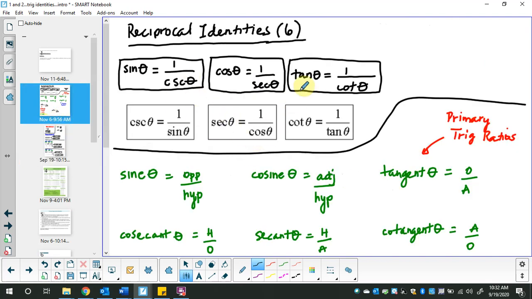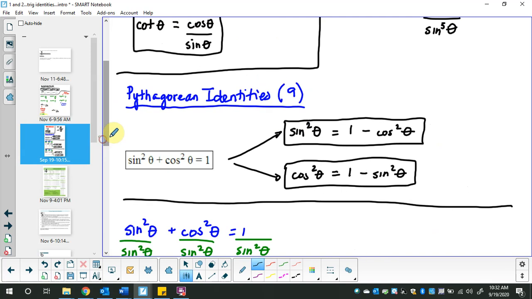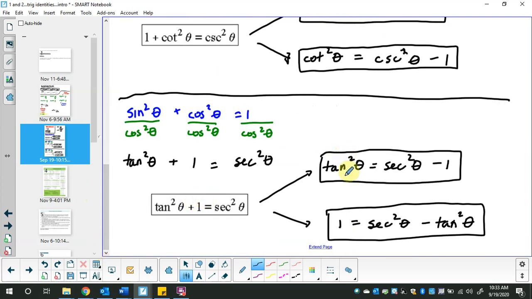These 6, 2 more, so 7, 8, 9, 10, 11, 12, 13, 14, 15, 16, 17.